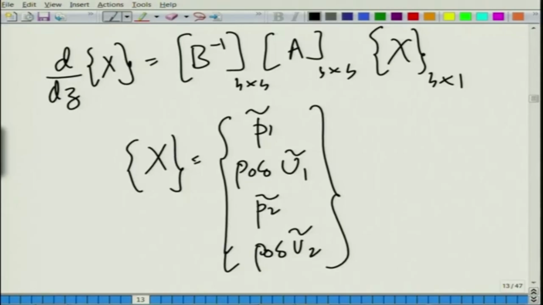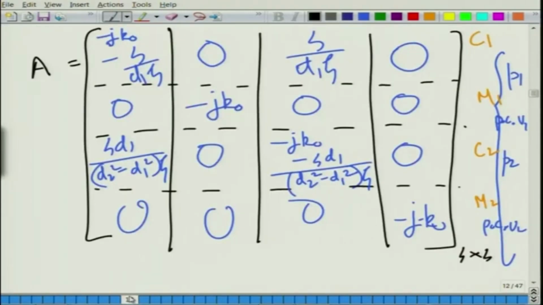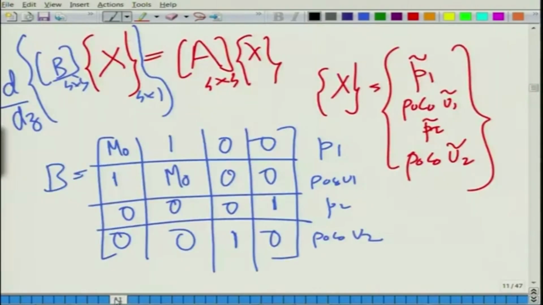There is one more thing I would like to mention here. In case we chose rho naught c naught u1 as the first variable and p1 here, this minus j k naught would have been here and everything else would have shifted. But what else it would have done is that this would have been 1 and m naught in here.